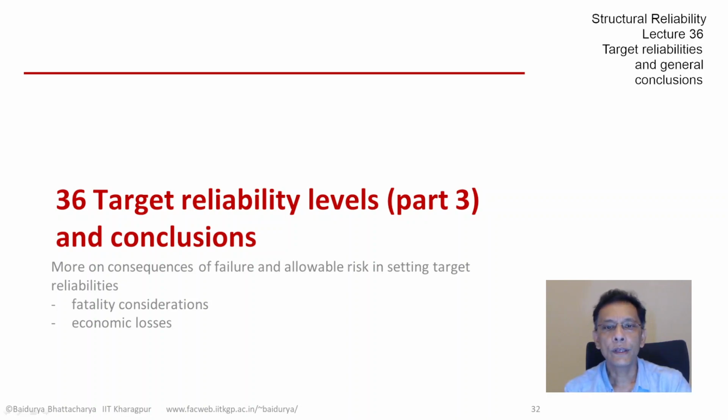Earlier this week, we studied how the reliability-based design codes around the world have evolved, and we concluded that there is a near universal consensus that the target reliability in any limit state should be tied to the consequence of that limit state's violation. So, higher the consequence, higher the target reliability.